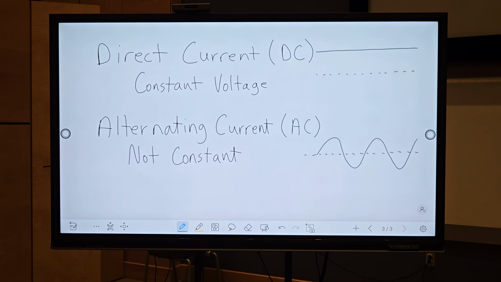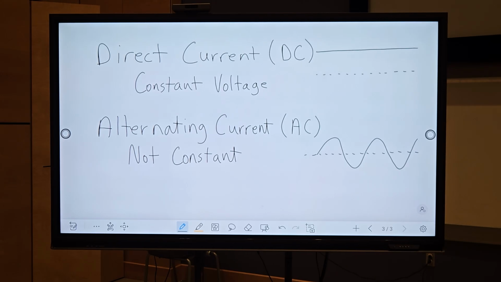The reason for that is that's what the alternating current is, what comes off of generators that have a rotating magnet inside a coil of wire, and it's easier to transmit over long distances.